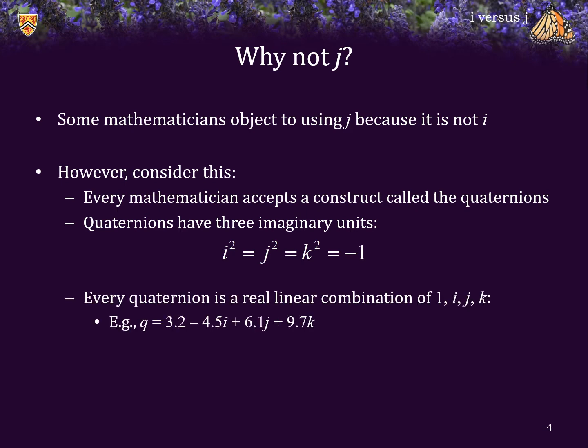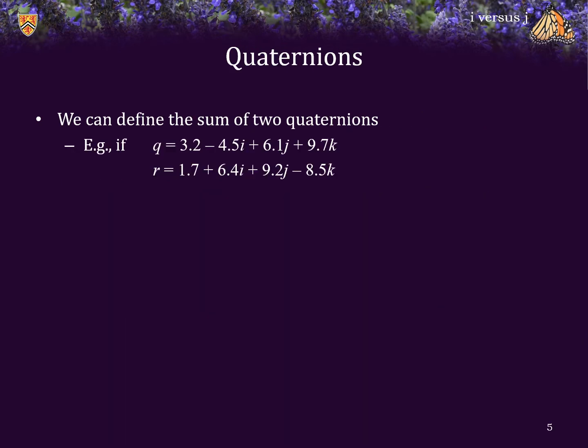Every quaternion is a real linear combination of these four values, 1, i, j, and k. So for example, you might have 3.2 minus 4.5 times i plus 6.1 times j plus 9.7 times k. Now, for example, we can actually define the sum of two quaternions.